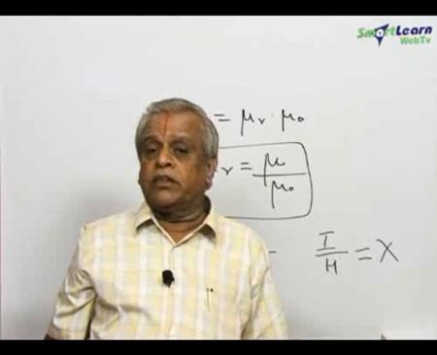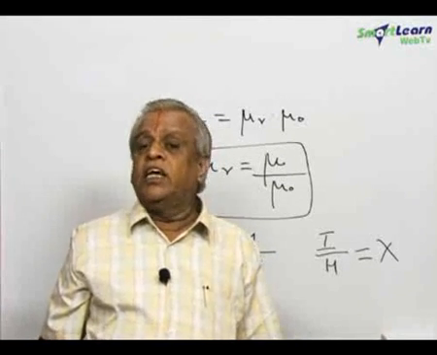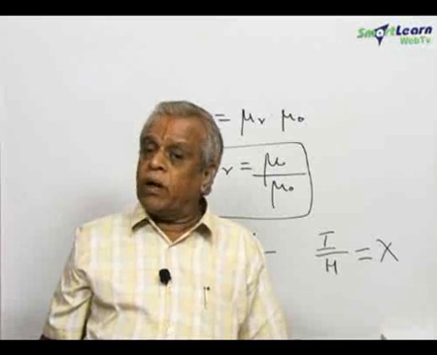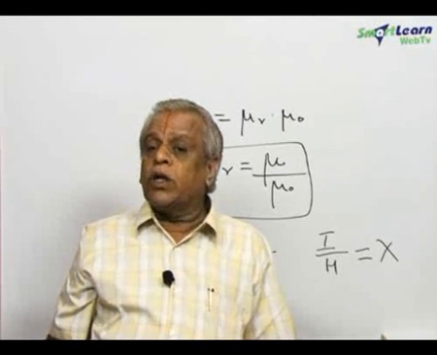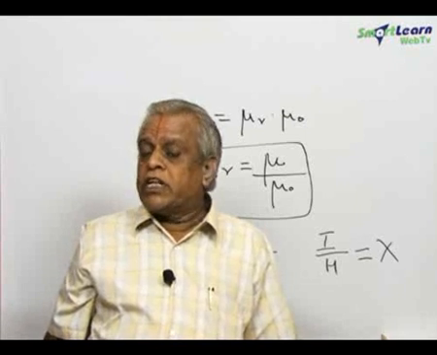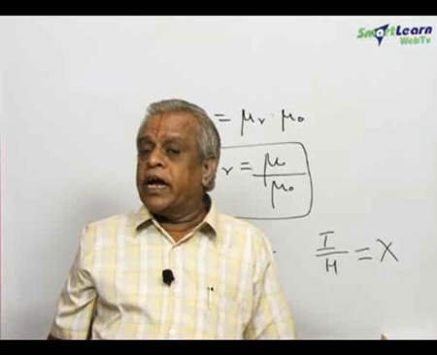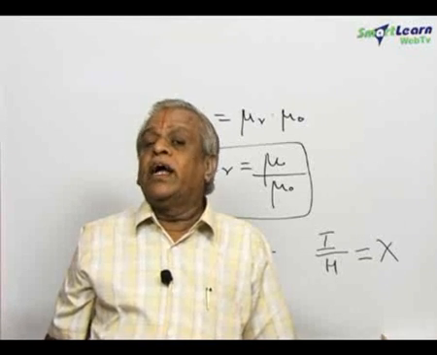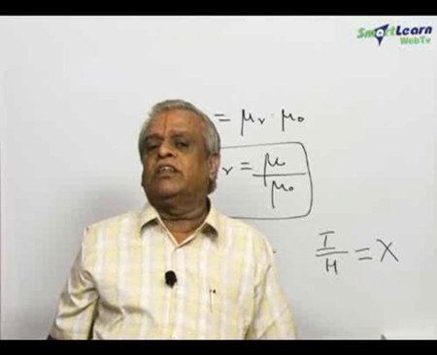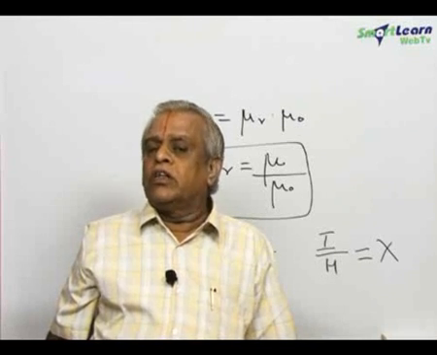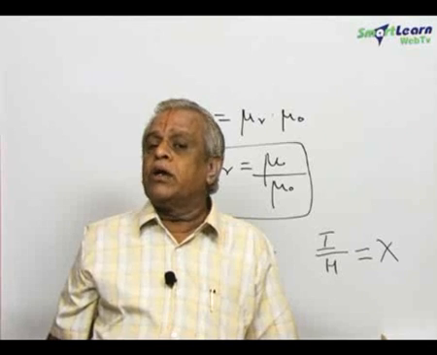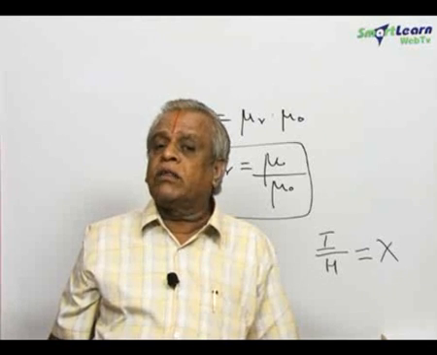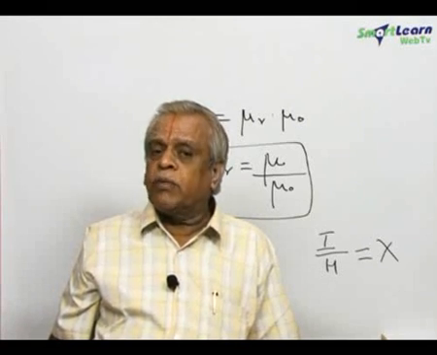For some substances, the susceptibility is negative. For some substances, the susceptibility is positive. Those substances for which susceptibility is negative are known as diamagnetic substances. Those substances which have a positive susceptibility are known as paramagnetic substances.